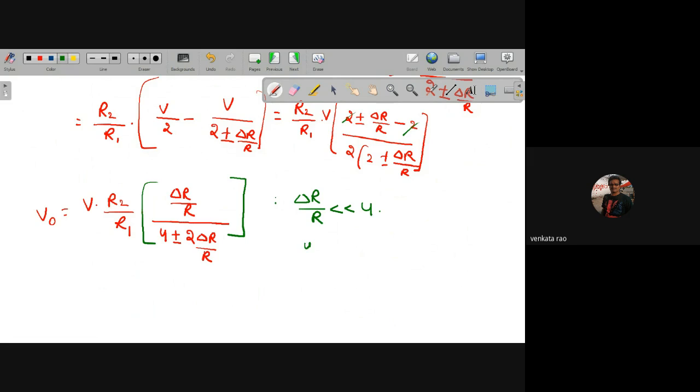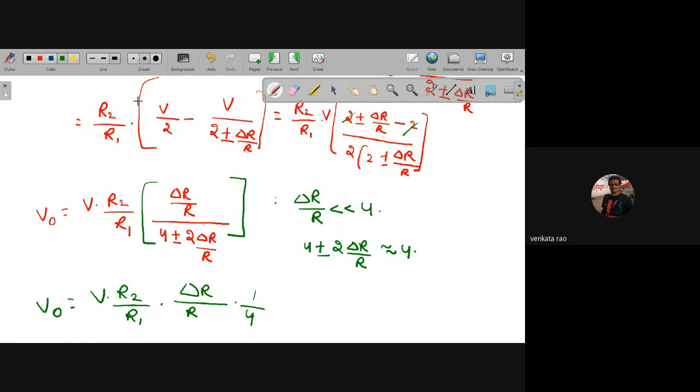Therefore, now we can write 4 plus R minus 2 delta R by R is written as approximately 4. Therefore, output voltage is V into R2 by R1 into delta R by R into 1 by 4.